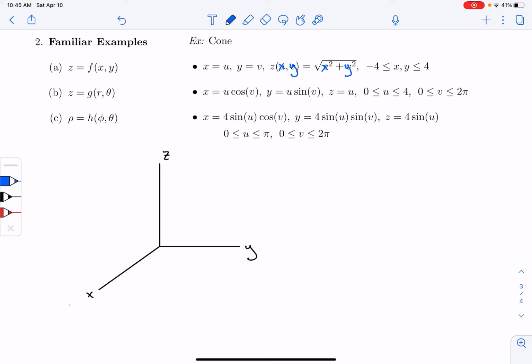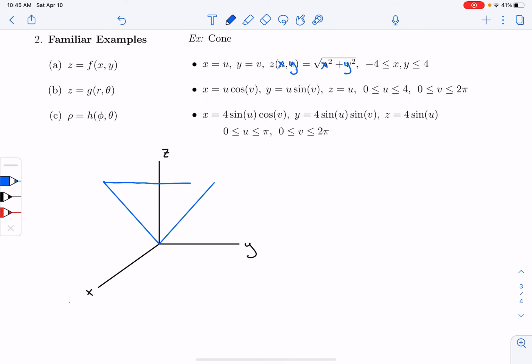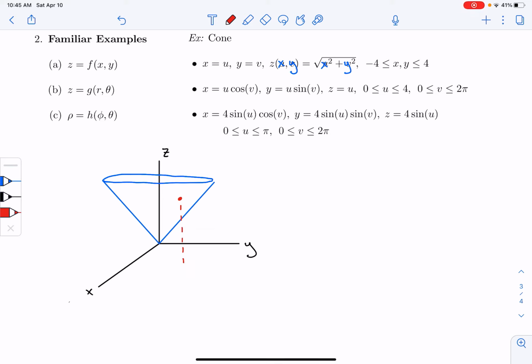So I'm going to sketch this cone for a second. And the idea with this cone is that every point on the surface of this cone can be expressed as a z-coordinate that depends on an x and y coordinate.